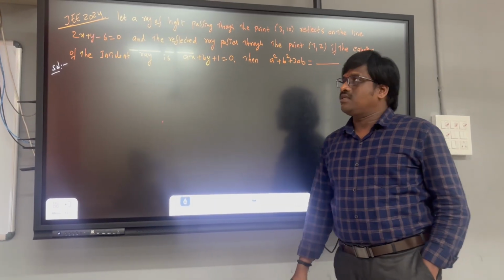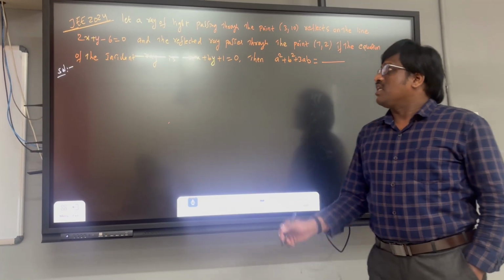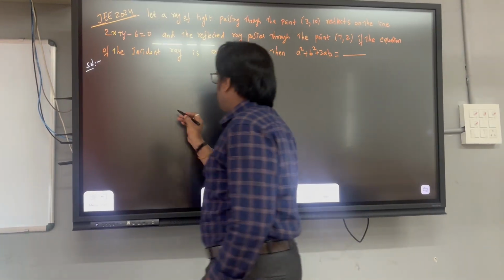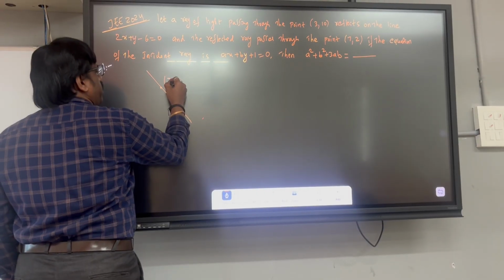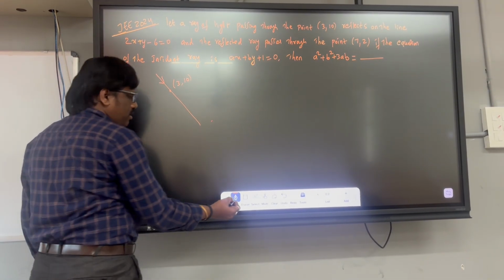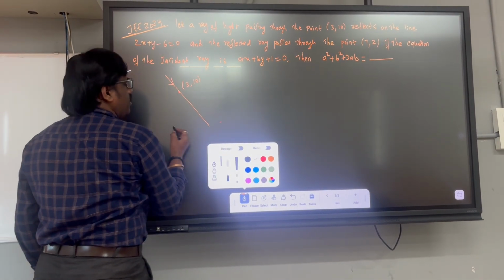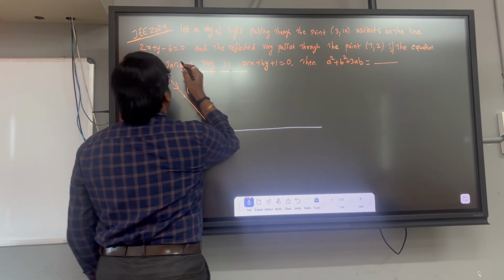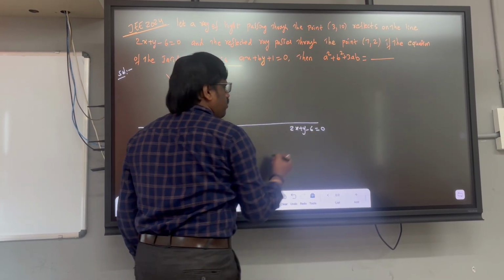Today we are going to discuss a JEE Mains 2024 question related to an optics problem. A ray of light passing through the point (3, 10) is reflected on the line 2x + y - 6 = 0.